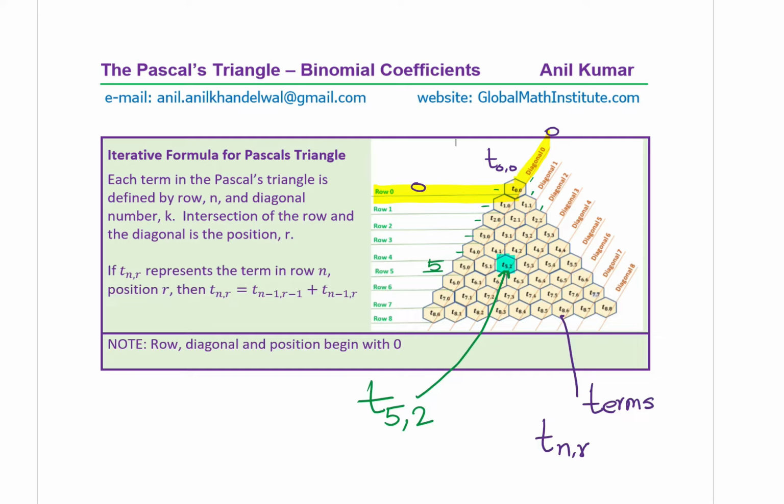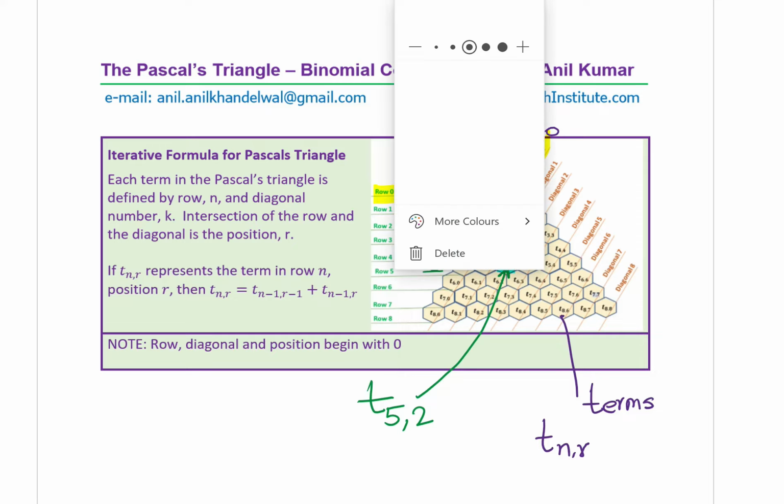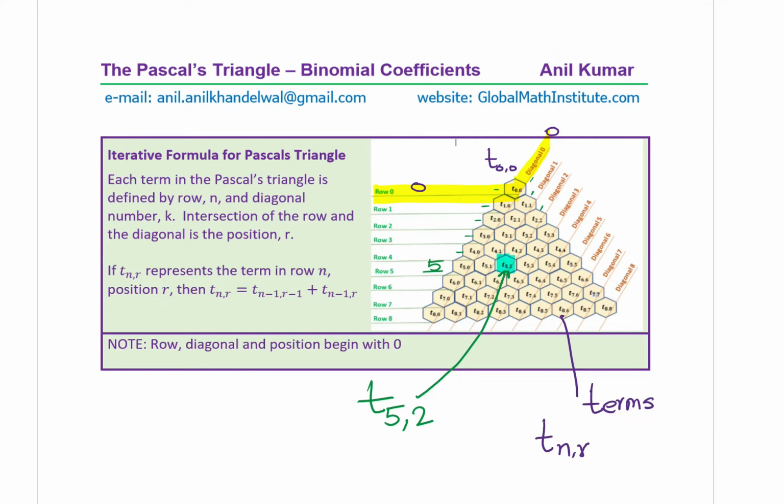Now, how do we get the value of this? T5,2, you could get the value by adding the previous two, right? So the previous two here should be the ones before. Let me highlight those now. So those will be these two. Perfect. And these two should be what? The value on the left side will be T, a row before that, so 4, correct?